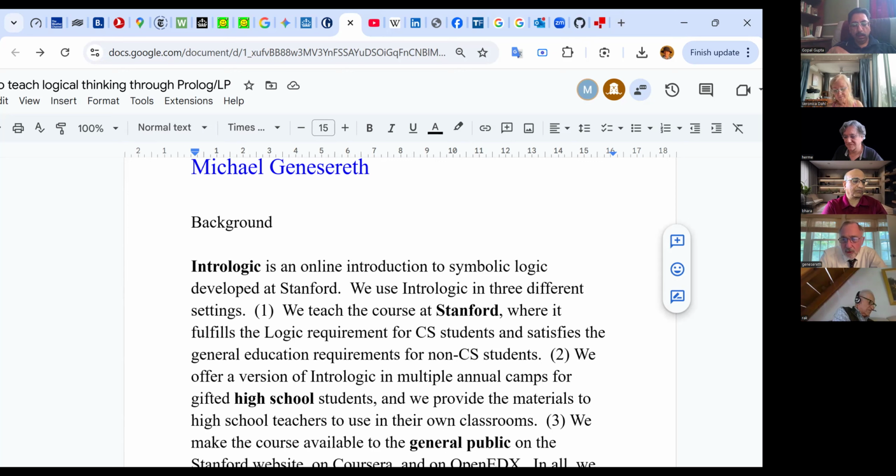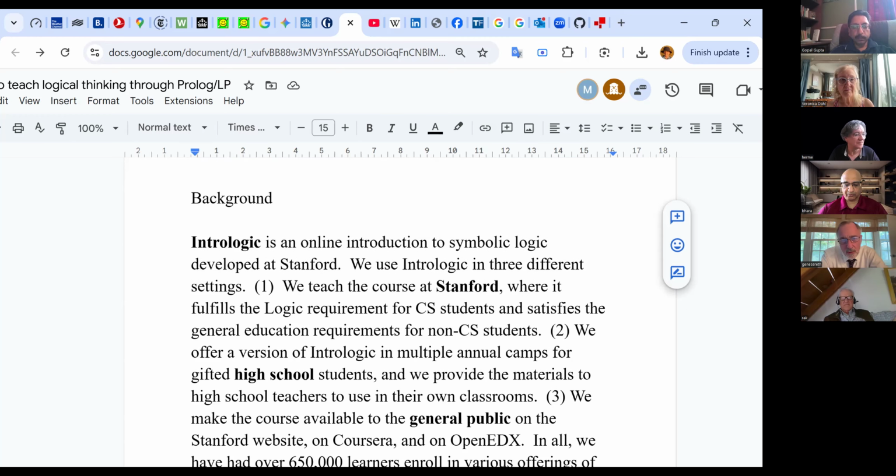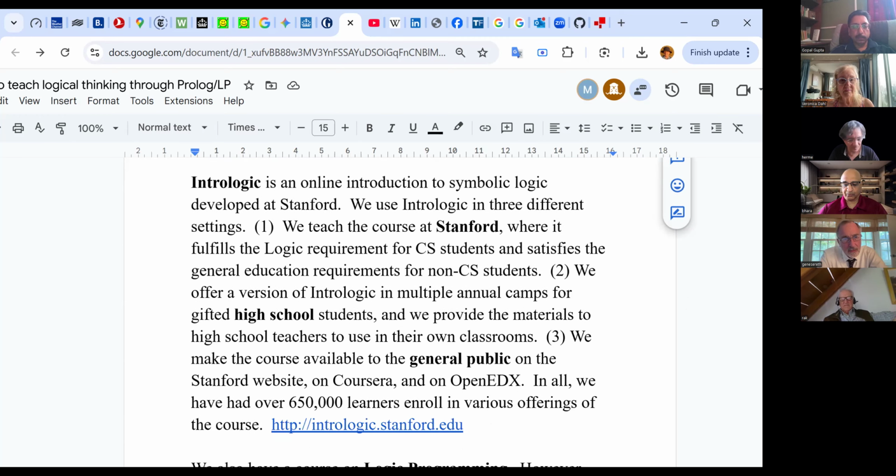Everything we do here is based around a course called Intro Logic, which we developed a few years ago. That course is for logic, not logic programming, logic. We teach that course at Stanford to fulfill the logic requirement for undergrads and grads, and the general education requirement for all undergraduates.